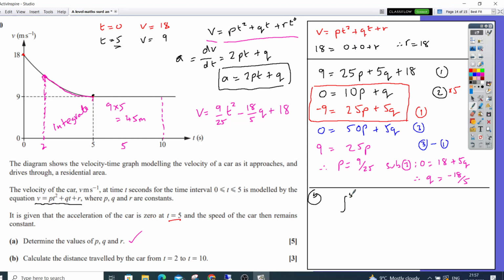That's going to go, upper limit is 5, lower limit is 2. And we're going to integrate 9 over 25. Now on your calculator, it doesn't give you t, so you just put the x in that terms. But here it will be t squared minus 18 over 25 t. Okay. I don't know why I put q there. I should have read my bad.